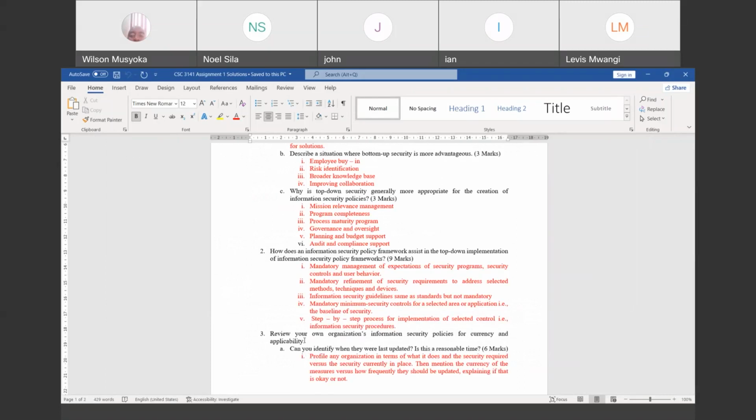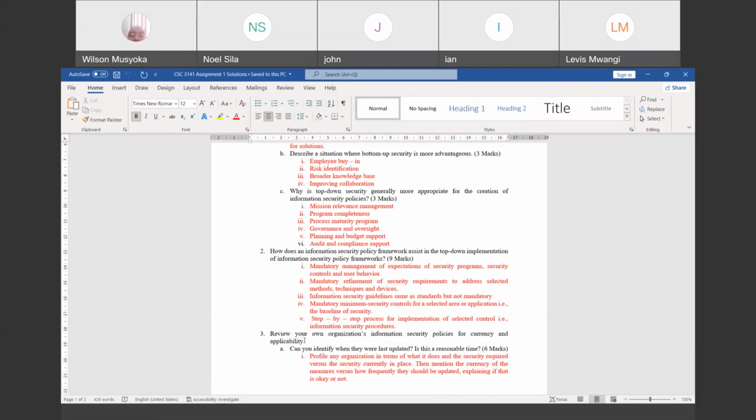When we talk about an information security framework assisting in implementation, it means that there needs to be top-level management. That is number one. How will it ensure that top-level management is supporting the whole process? How does it ensure that there are requirements that have to be met? Those are the things we are looking at.